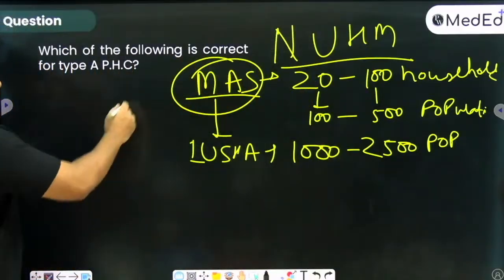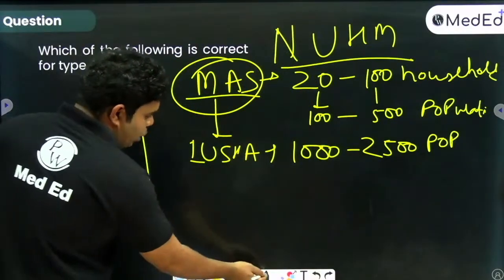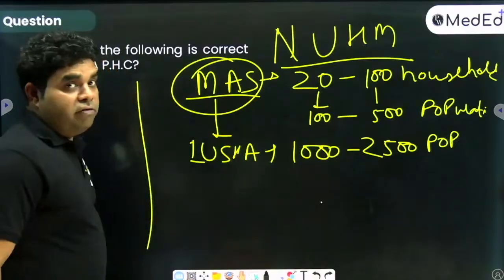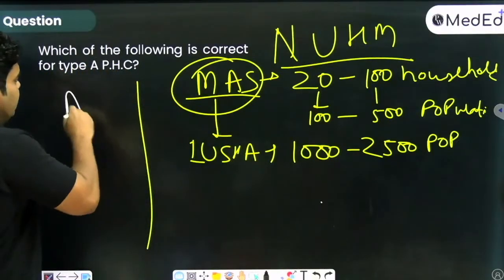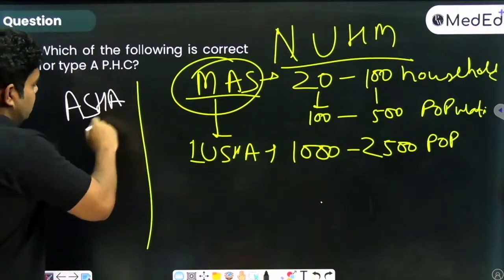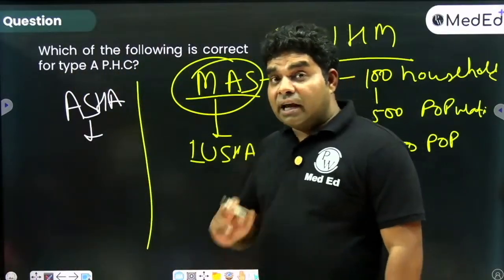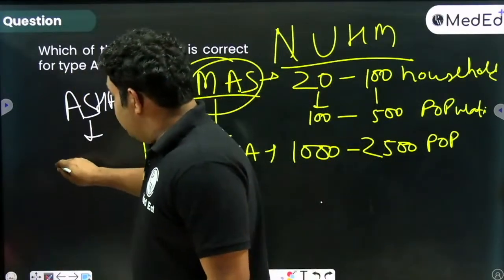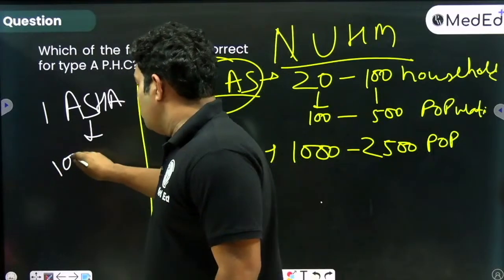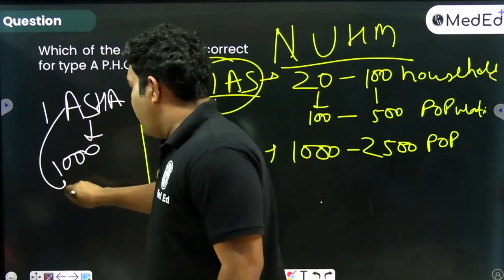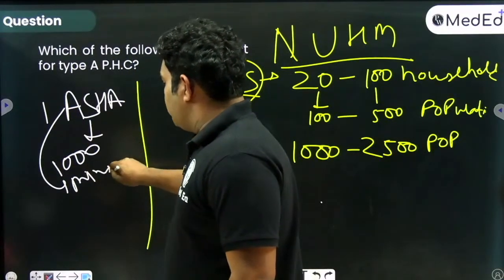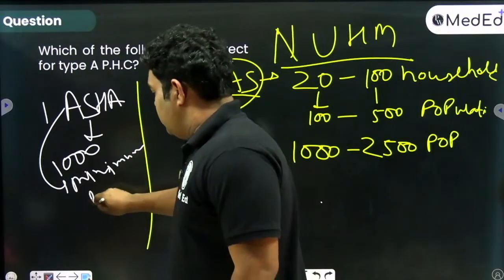When it comes to ASHA, there is a big controversy about the minimum educational qualification of ASHA. Again, one area where people trust Google or their knowledge but don't look at Park. Park has clearly written that one ASHA is at 1000 and ASHA should have a minimum education of 8th pass.